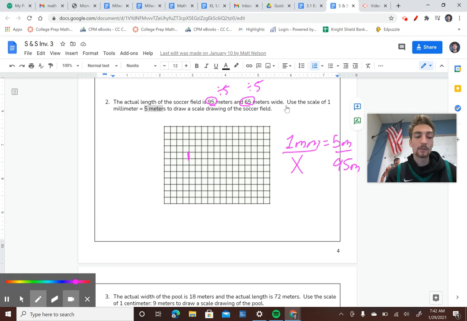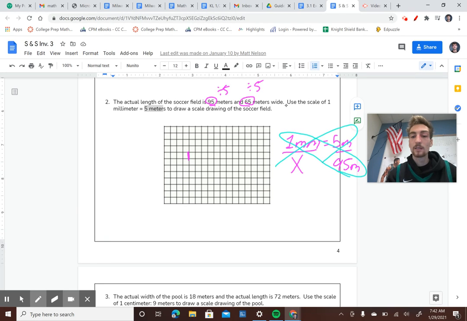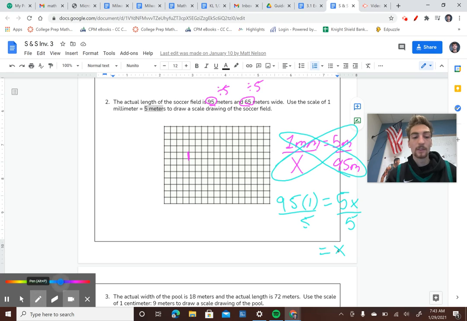Then I can again cross multiply. So then I have 95 times 1 equals 5x. So then if I were to divide 5x by 5 to get x alone, and then divide by 5 up top here, then I'm going to end up with 19 for my x.